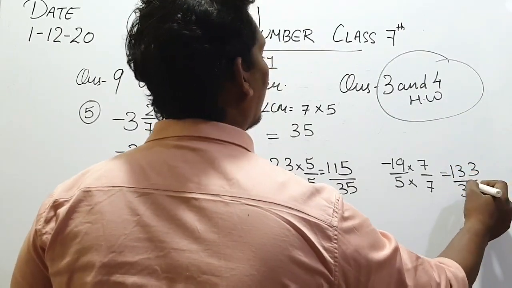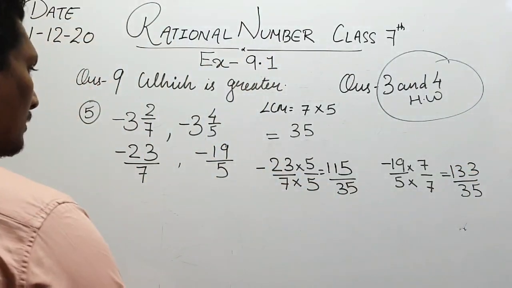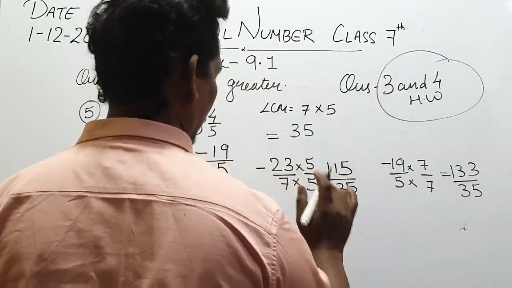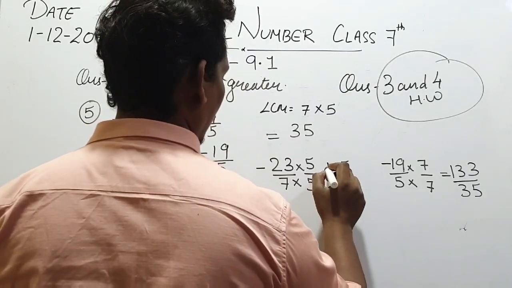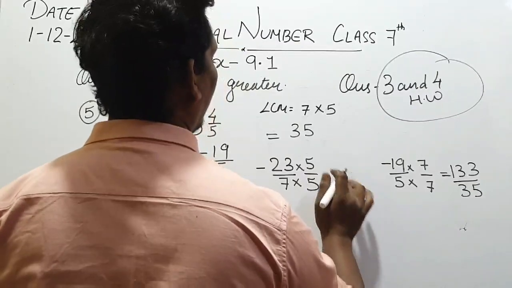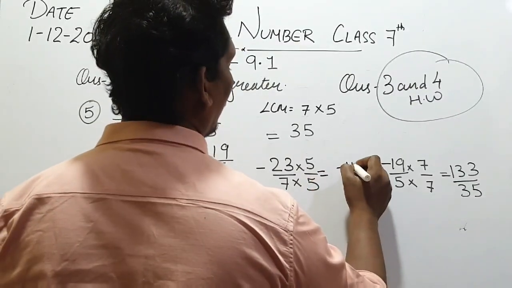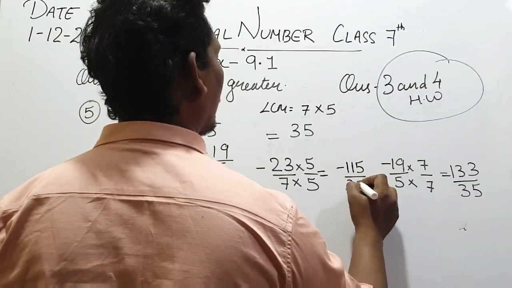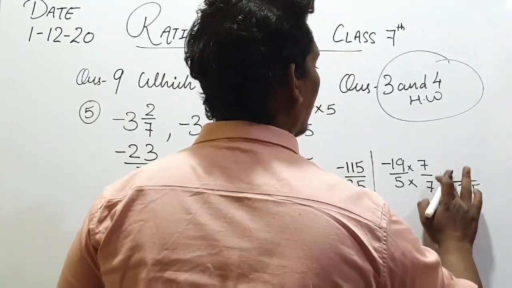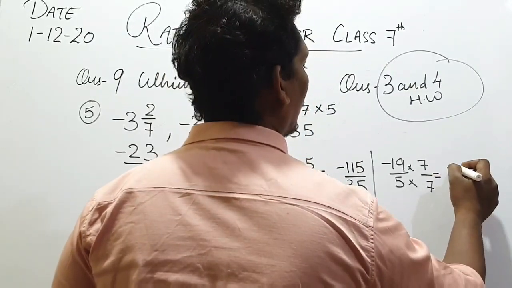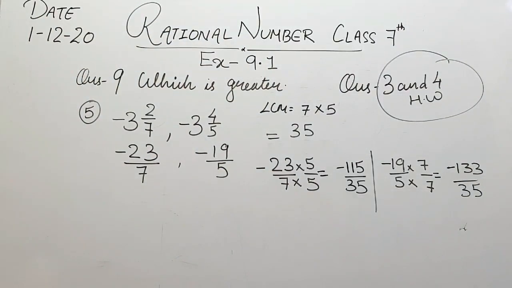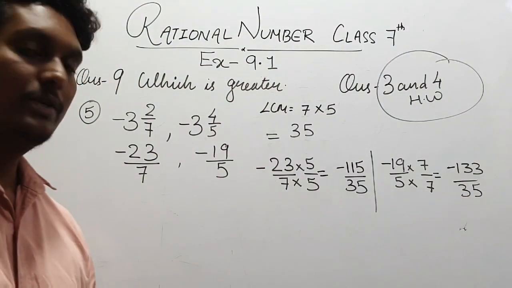So over 35, we have a negative sign. So it is equal to minus 115 upon 35 and here also minus 133 upon 35. Again we have to compare which one is greater.